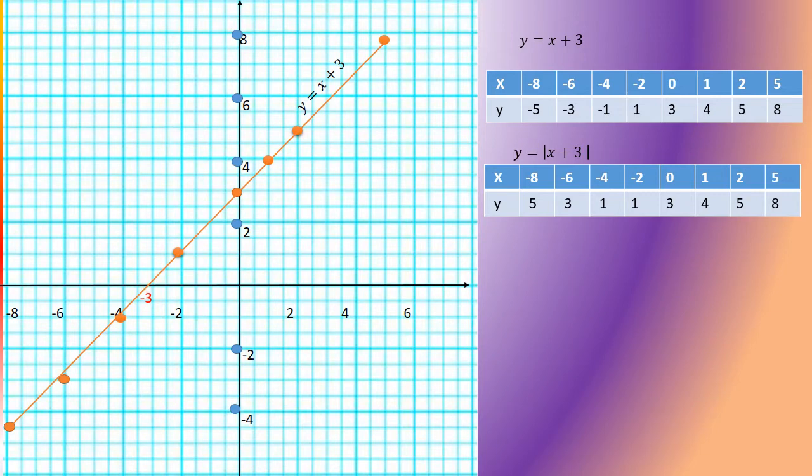Thereafter, the graph starts reflecting back. At minus 4, it's 1. And then again, at minus 6, it's 3. Also, at minus 8, it's 5. The graph stops at the point where it touches the x-axis and reflects back to the positive side.